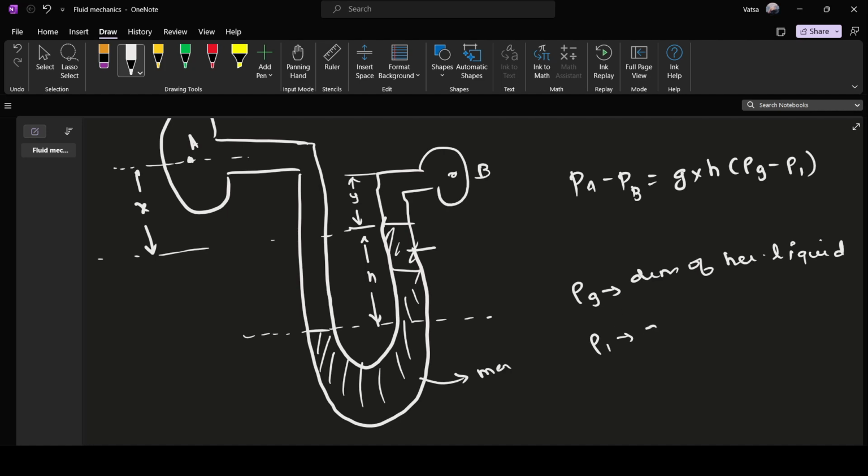Rho 1 means the density of the liquid at A. Rho 2 is the density of the liquid at B. I hope you got that.